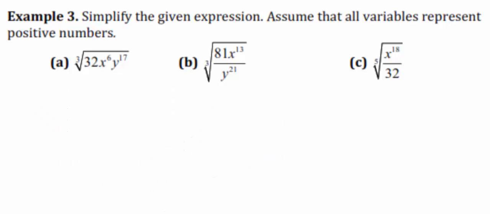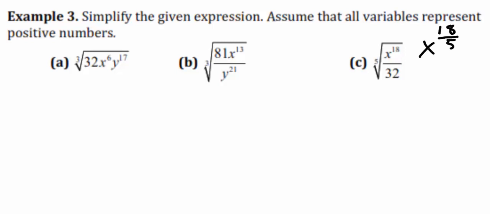All right, so let's do our next problem here. 5th root. Now, more than likely, you're not going to see a whole lot of these. The cube root will be handy, I think, in the real world, but things above the cube root, you probably won't see too much. Well, let's go ahead and break this guy apart. Well, x to the 18th, that would be 18 over 5, right?